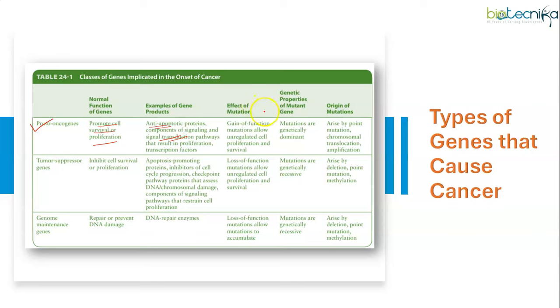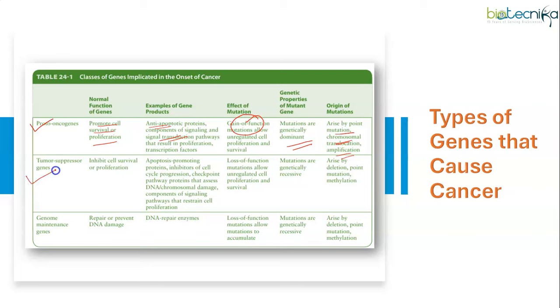And such a proto-oncogene will undergo a gain of function mutation, genetically dominant, getting converted into an oncogene. Its origin could be a point mutation or a chromosomal translocation or gene amplification.